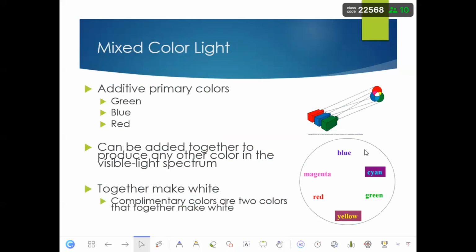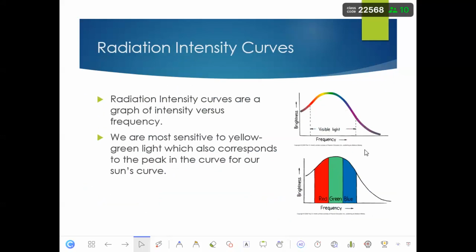Here we try to add colors, but we use three colors: green, blue, and red. Why are we using these three? We call these three colors primary colors, because when we analyze the brightness of the colors based on their frequency, we see that red, green, and blue have more brightness than the other colors.